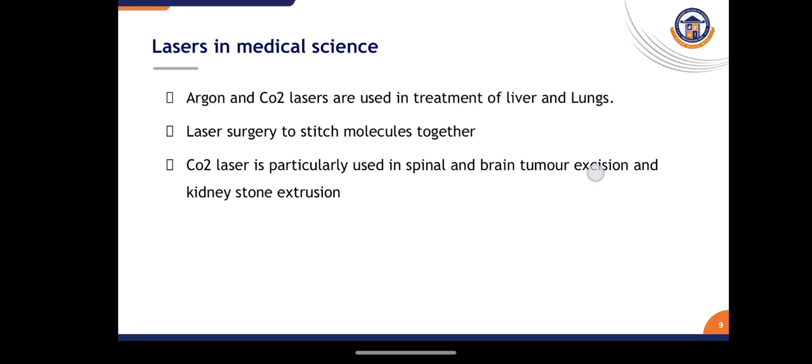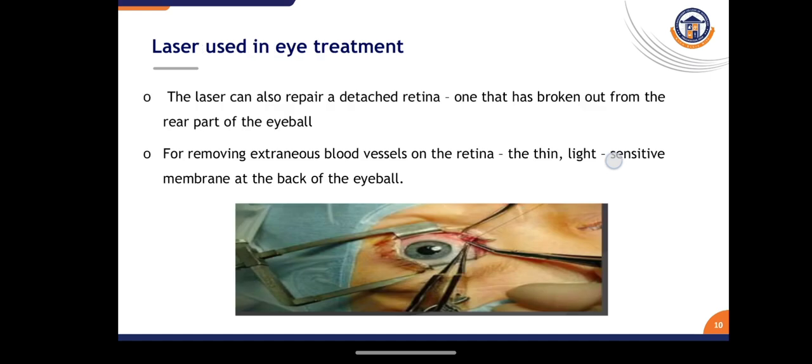So laser finds a place in medicine, and laser can also be used in eye treatment. Laser can repair a detached retina, one that has broken out from the rear part of the eyeball. For removing unwanted blood vessels on the retina, the thin light sensitive membrane at the back of the eyeball, the laser is used in this treatment.